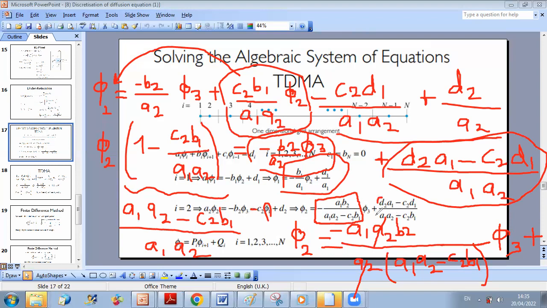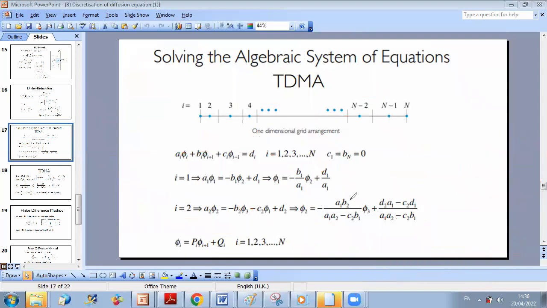Okay, you will get this term, which is D2A1 minus C2 D1 over A1 A2 minus C2 B1. And the whole A1 A2 will cancel out. So this is just replacement. You are just replacing, if you want, phi 1 by its expression to get phi 2 as function of phi 3. What is the idea we can deduce?